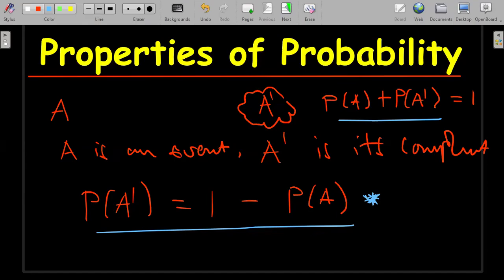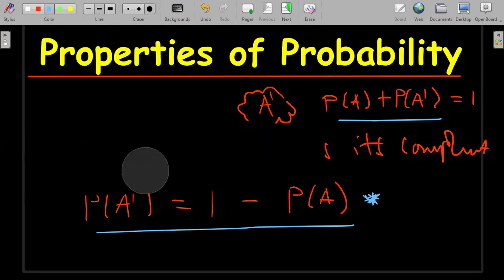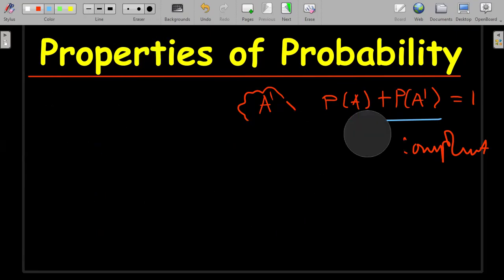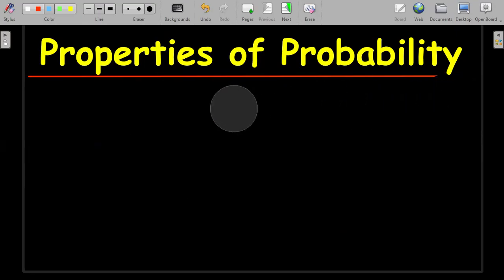All right, what other properties can I talk about? Let me talk about this property. I'll need to draw a Venn diagram for you to understand.